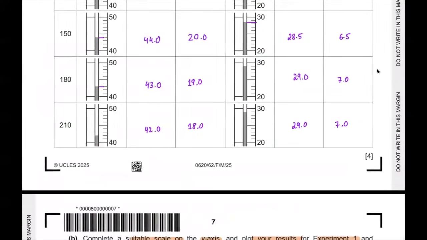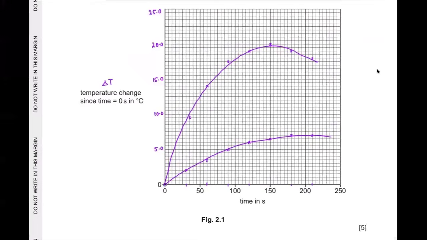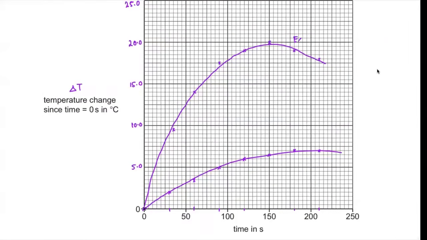And then 210, it's 7 again. So again, the curve of best fit is going to be like this. Is this clear to all of you? So you are going to label this curve as experiment 1 and label this curve as experiment 2.